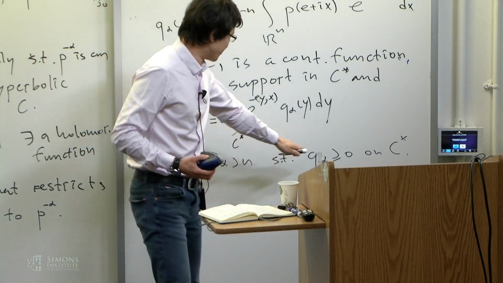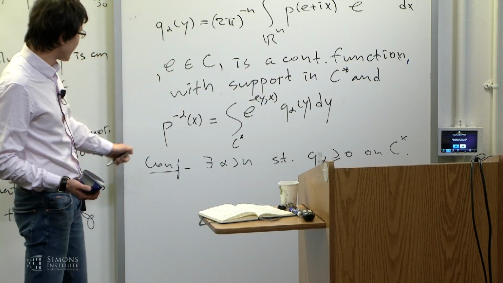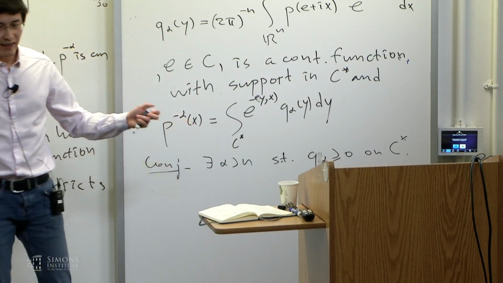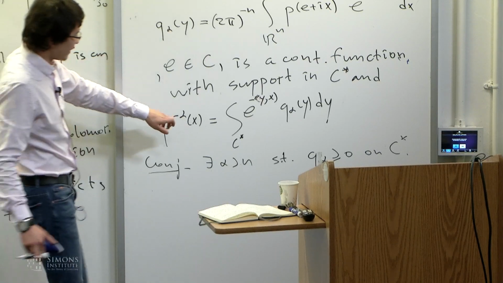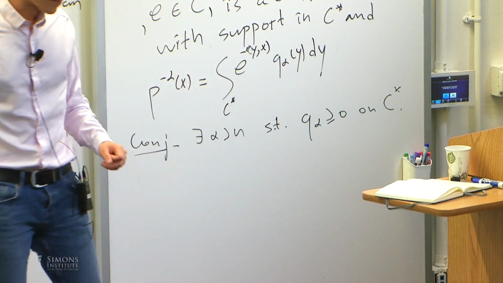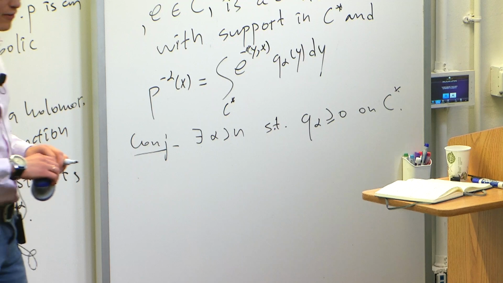Suppose that one consequence of this conjecture, if it's true, is that every hyperbolic polynomial admits a negative power that is completely monotone. Okay? Because if Q alpha is non-negative, then this representation with this theorem tells you that F is completely monotone on the cone of hyperbolicity.